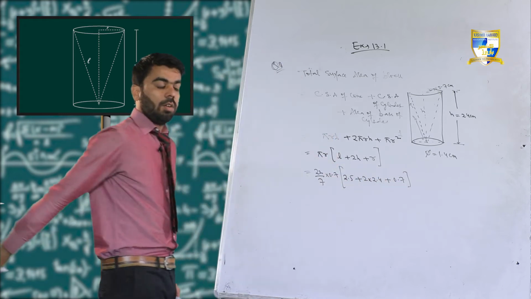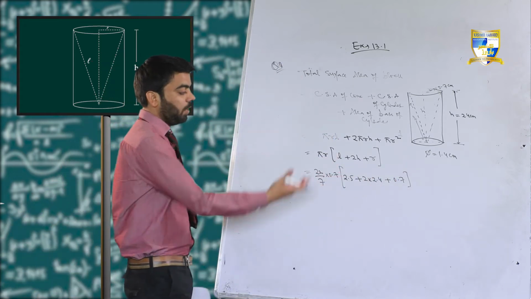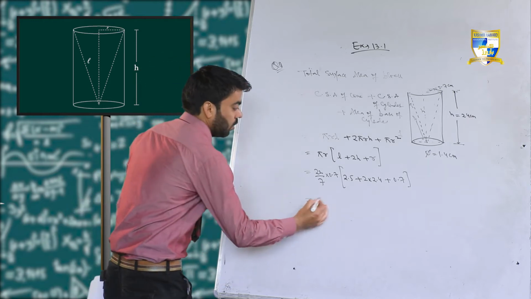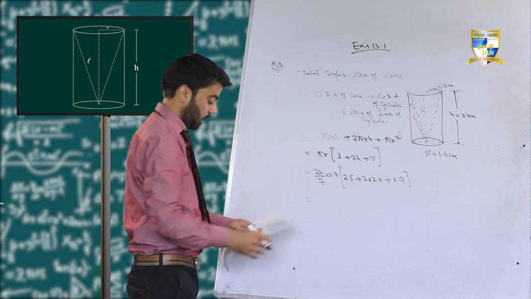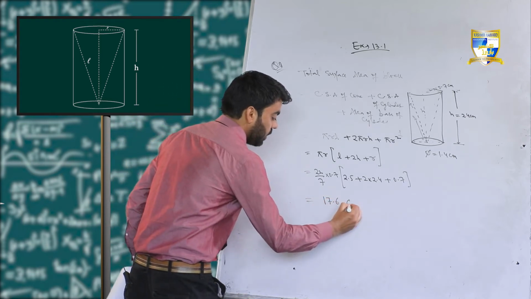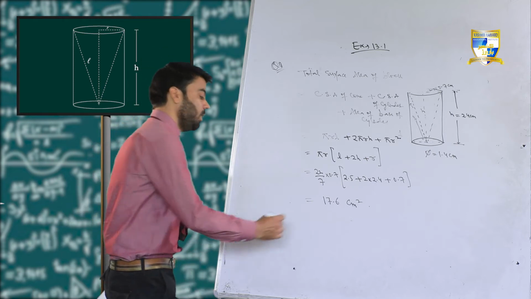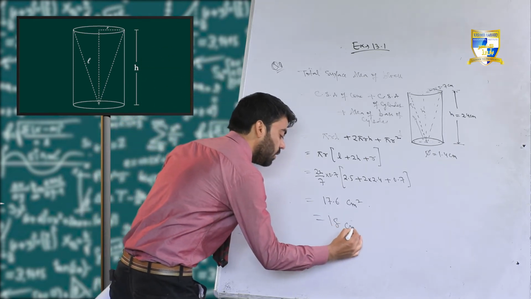So we do the simple mathematics and we will get the answer. The answer is 17.6 centimeter square, and the nearest to 17.6 is 18 centimeter square.